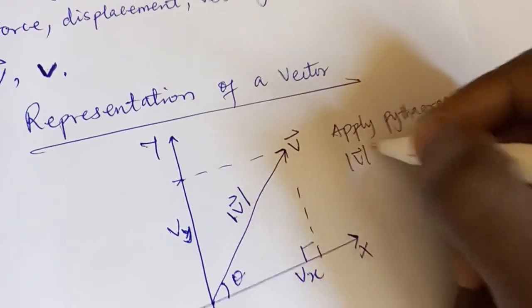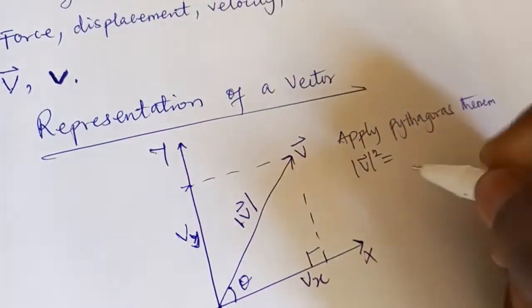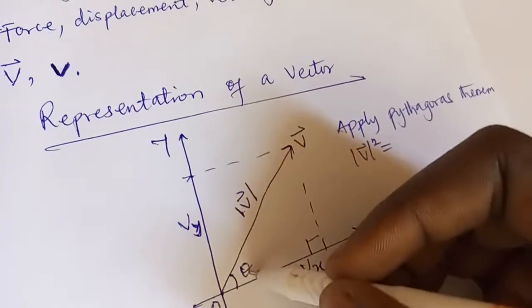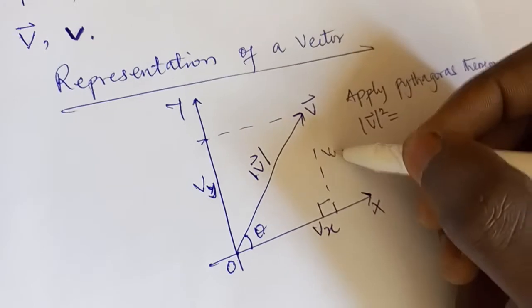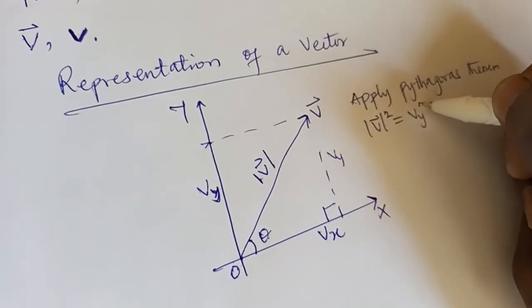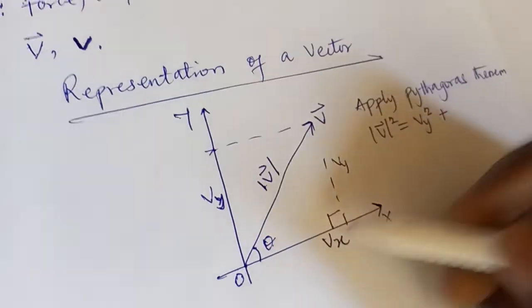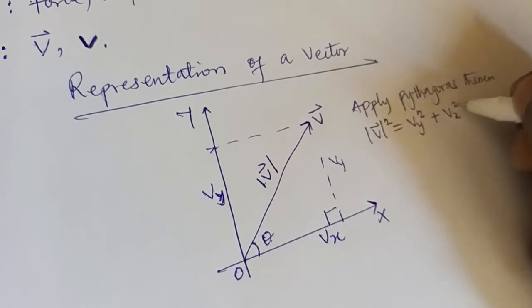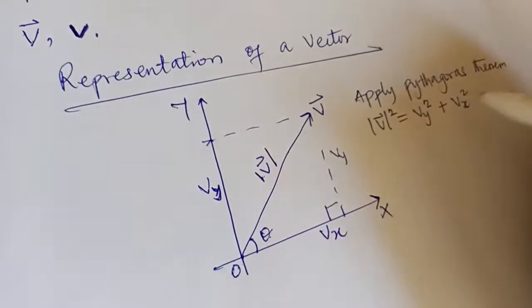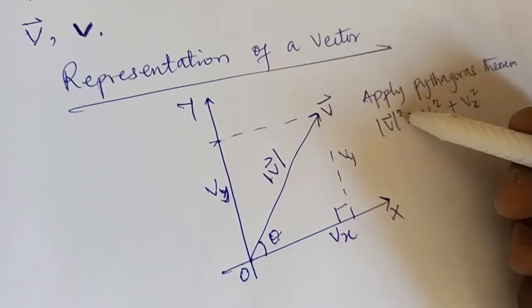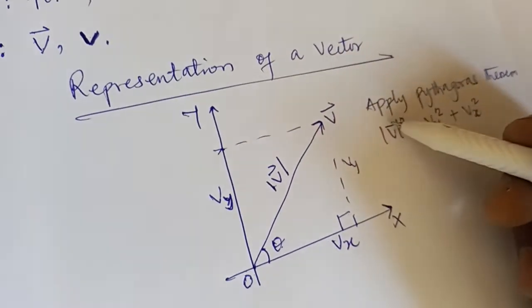We have magnitude of v squared is equal to the opposite, which is vy. This is theta. From this point to this point is vy, which means from here to here is also vy. Therefore, we have opposite squared plus adjacent squared, which is vx squared. By simple mathematics, taking the square root of both sides, the square will be gone together with the square root.